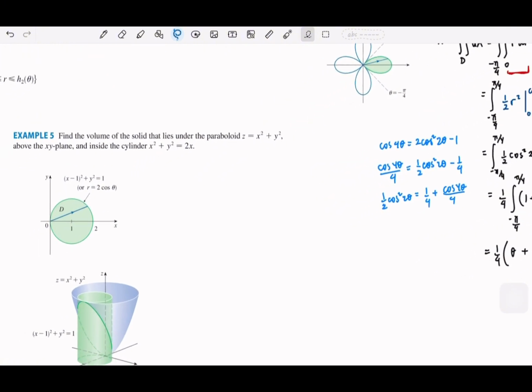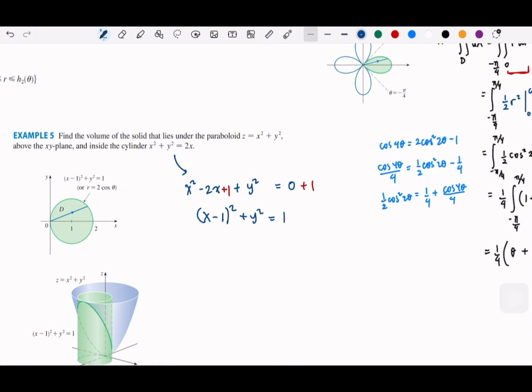So perhaps we need to add, this is 1, so we have (x minus 1) squared plus y squared equals 1. So this is something that we have on the left here. Okay. So I think it's much easier to see that this is a circle.